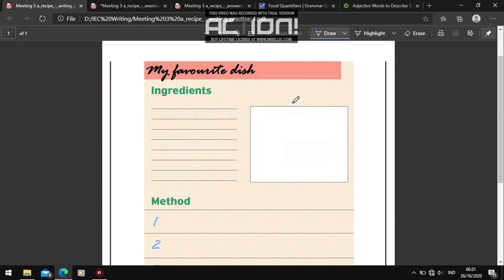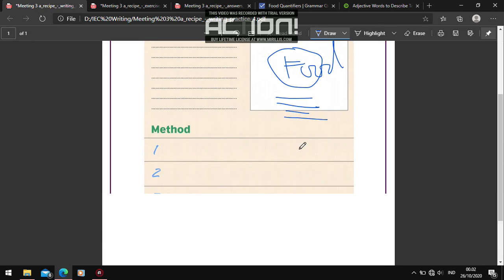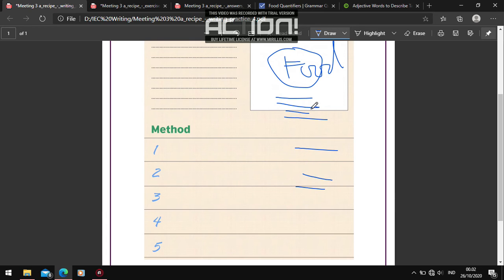Okay, so if it is your Instagram, like this is your Instagram, you put your picture of the food here. You write this is the food. Okay, and then the caption here, you write the ingredients and then you write the methods.